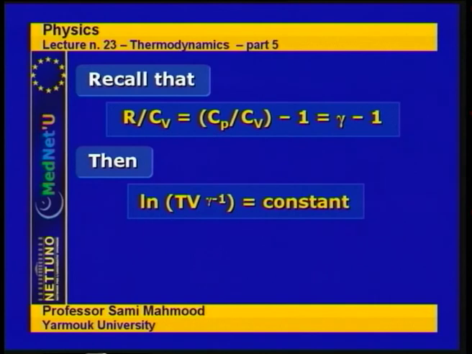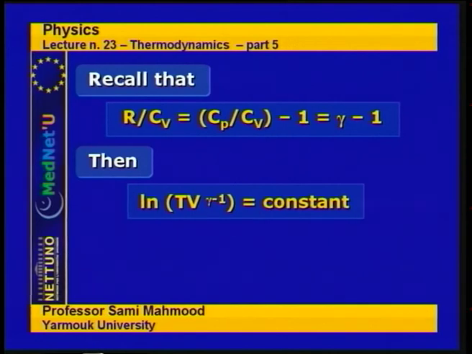When we do the integral, remember that dT over T gives you ln T, and the integral of dV over V gives you ln V, and thus we will have the result if we combine ln T and ln V, but ln V is multiplied by the factor R over Cv, which is simply gamma minus 1.